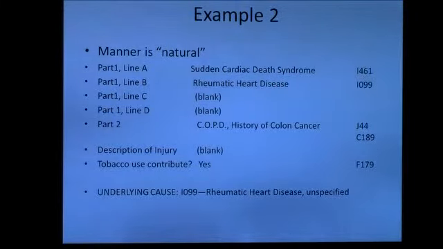And there are 2 codes there, one for each of those entities. Tobacco use did contribute to this death, and the underlying cause is determined to be I09.9, rheumatic heart disease, unspecified.